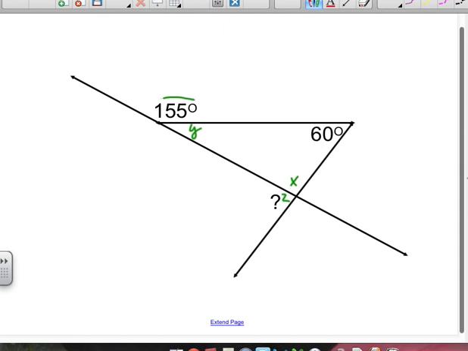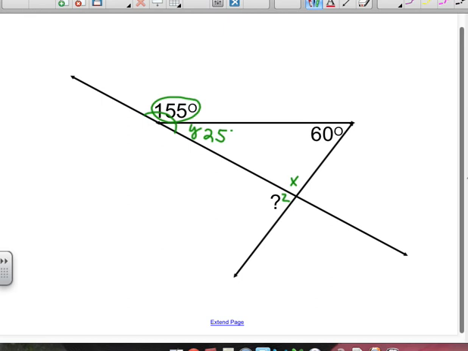Well, look at this. This is 155, and I know that that 155 plus Y makes 180. So that must mean that angle Y is 25 degrees. Right? Because 155 and 25 makes 180 for supplementary angles.